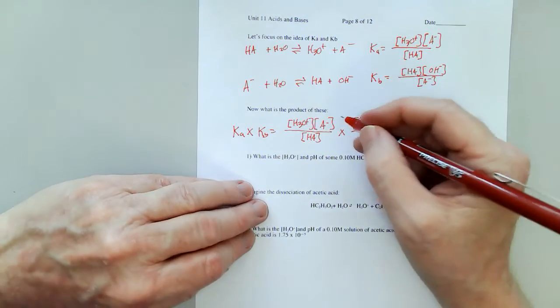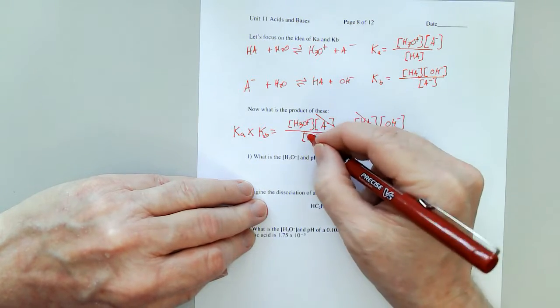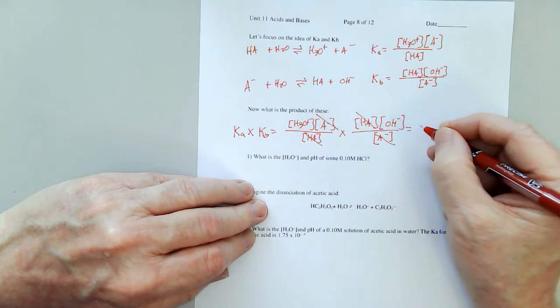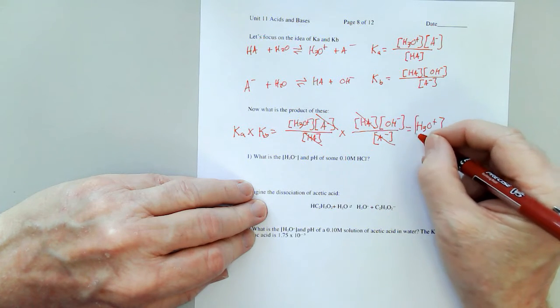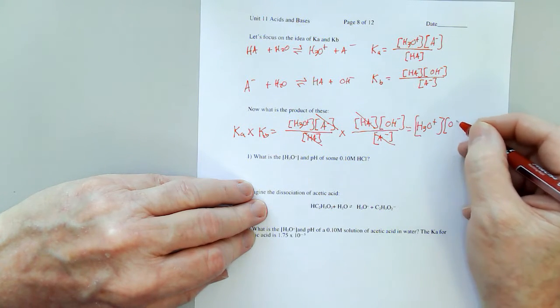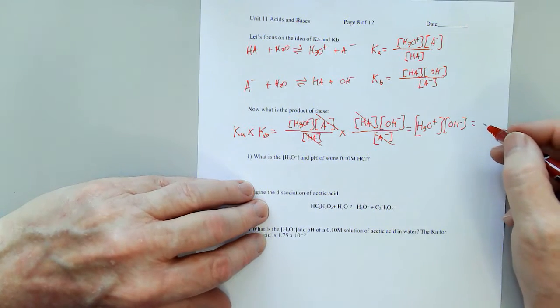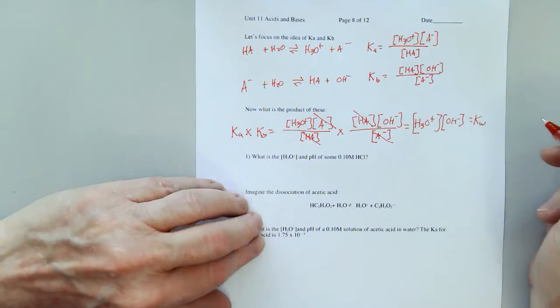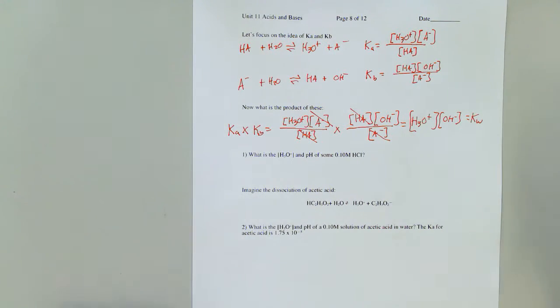When I look at this, A minus cancels, HA cancels, and I get H3O plus times OH minus, which means Ka times Kb is equal to Kw. That's a good relationship to know.